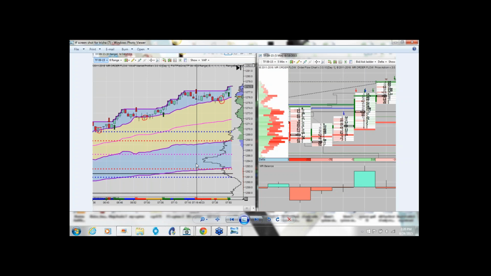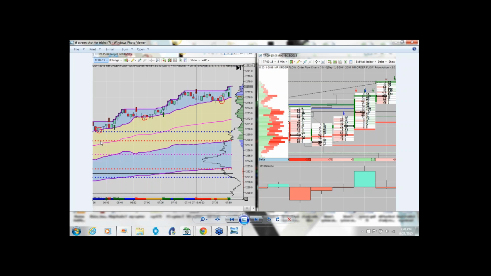So this is a chart of the Russell, and on the left is the VWAP chart, that's what we call it, and on the right is the order flow chart. One of the things we learn in Maria's room is to really pay attention when price comes out of the middle area and into one of the value areas, either the upper or the lower.